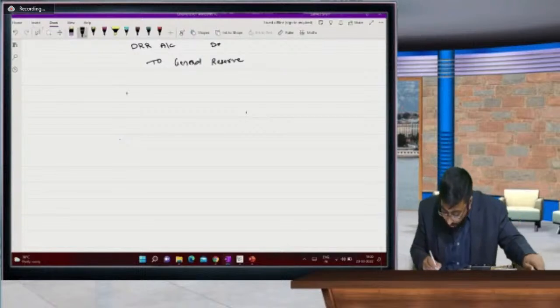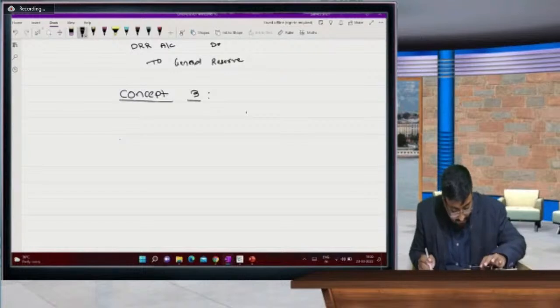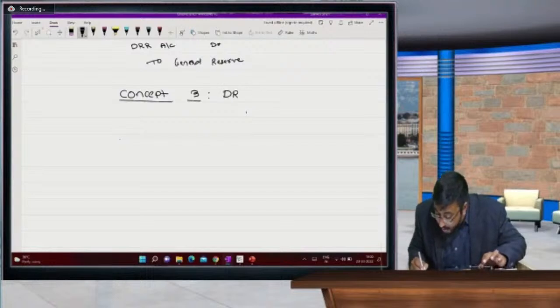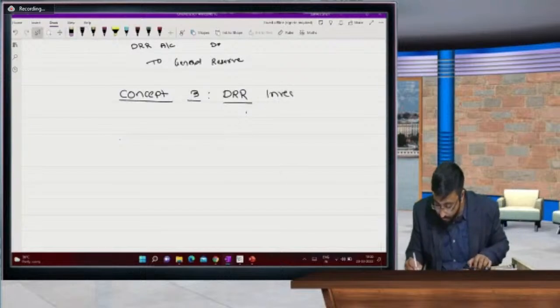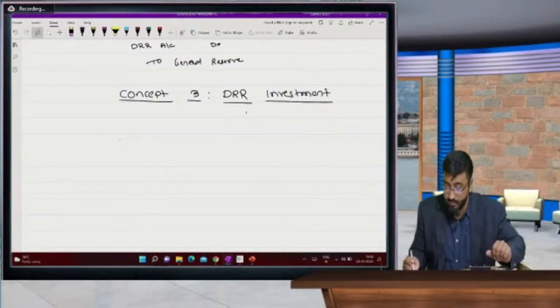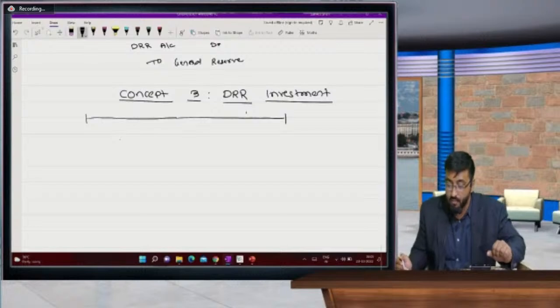Yes, write down concept number 3. DRR investment. Now, what is the DRR investment?